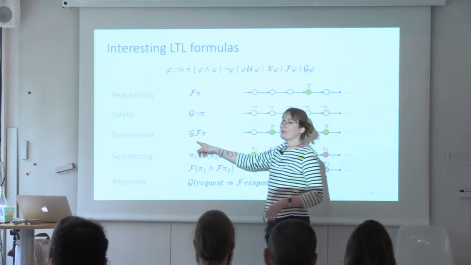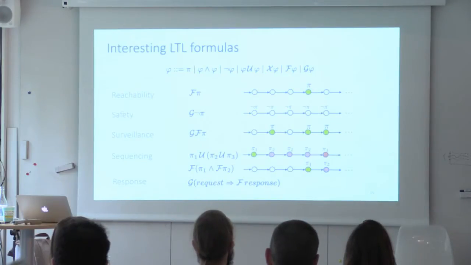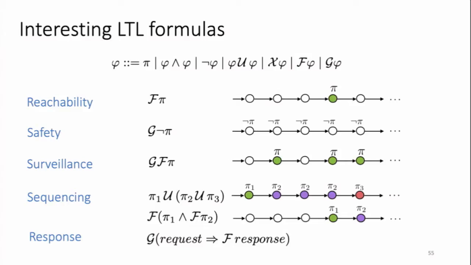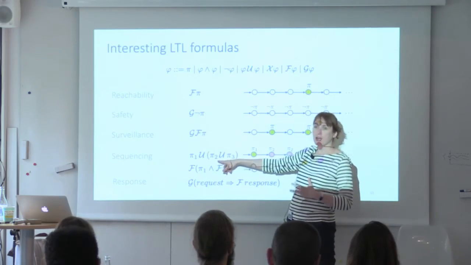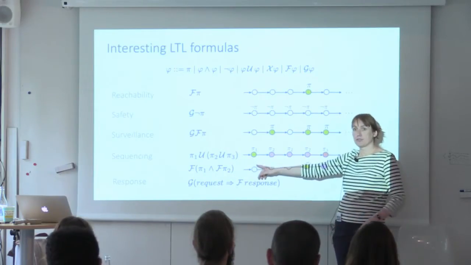Surveillance: always eventually pi. Always eventually means that at every moment, there will eventually be a moment that pi is going to be satisfied. This is how you enforce your robot to go to a particular room and keep returning to that particular room. You can also impose sequencing through until. If I say pi1 holds until pi2 holds until pi3 holds, then I see that very much on the sequence of states.